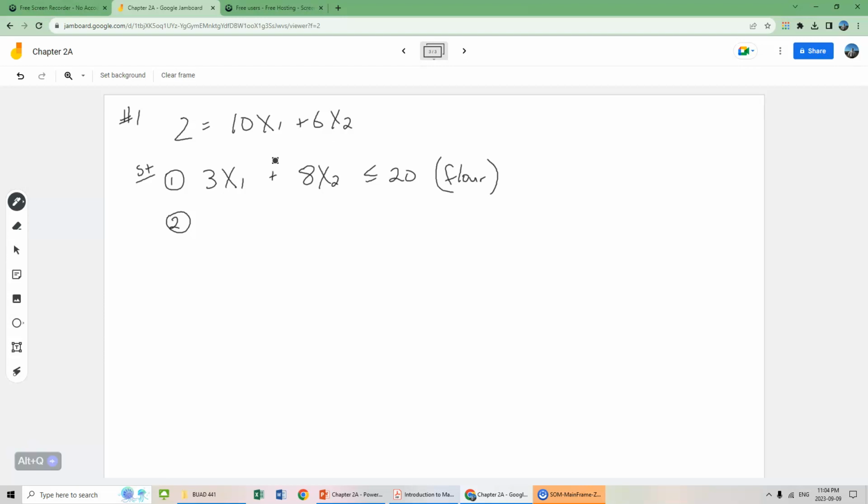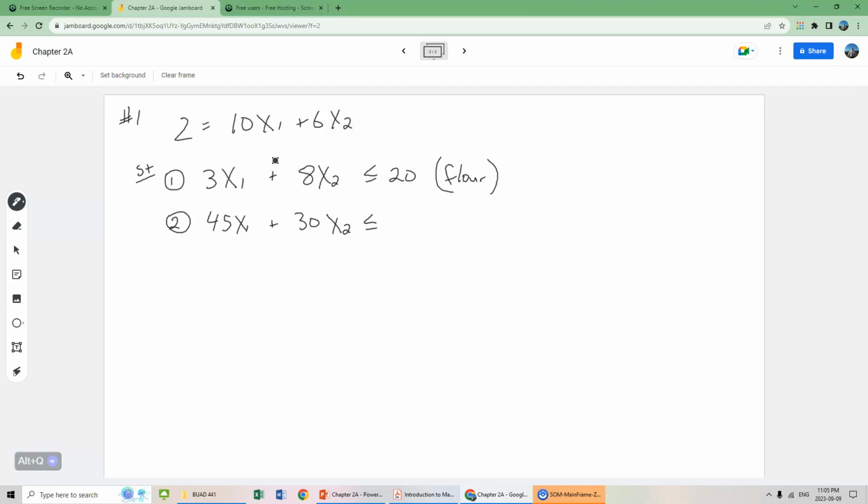Our second constraint is the amount of time. Each cake, x1, takes 45 minutes to bake and 30 minutes for each loaf of bread to bake. And we have up to 3 hours.